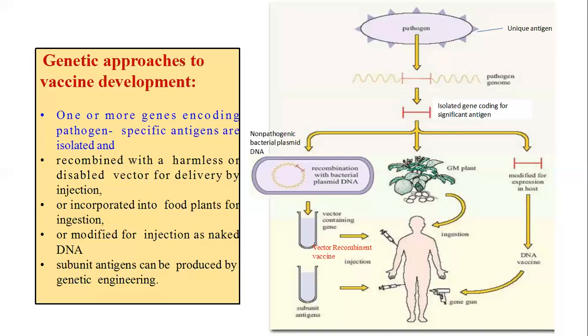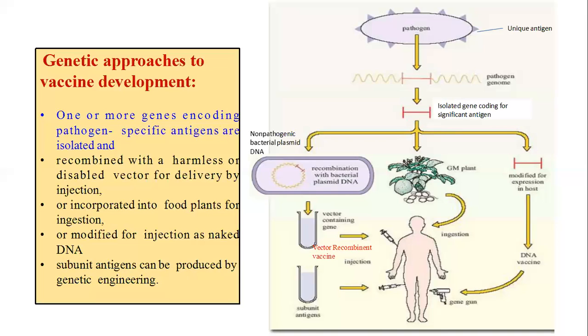So we can directly target the plant cell nucleus and inject the gene into the nucleus of the plant cell. So now this gene will express there, will encode the protein, so we can get the protein via ingestion of the GM plant, and we can get the vaccine within ourselves. So this is not like we have to inject subcutaneously or intramuscularly.